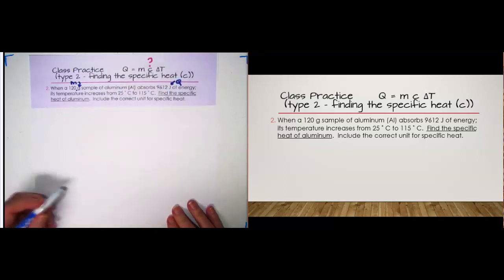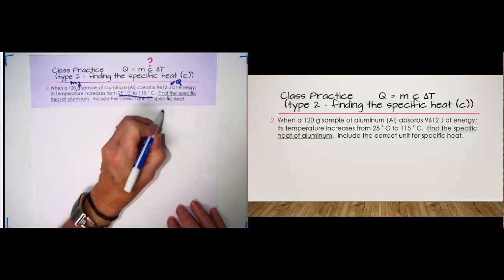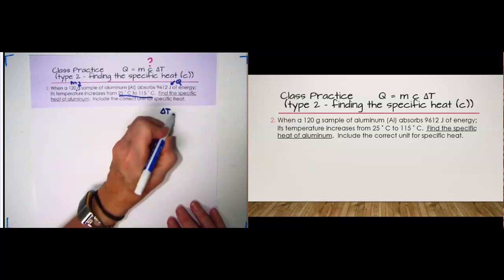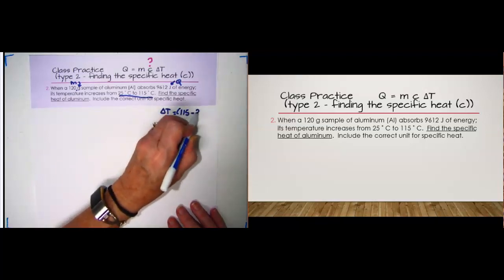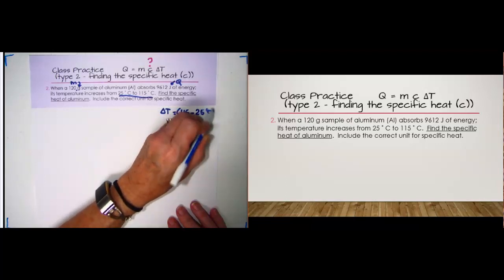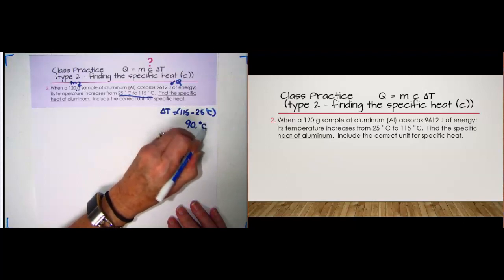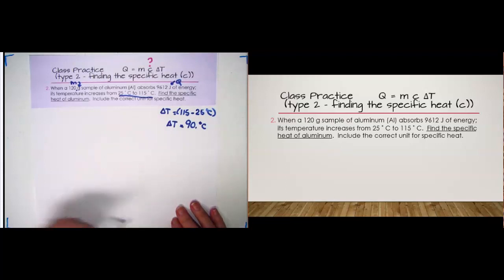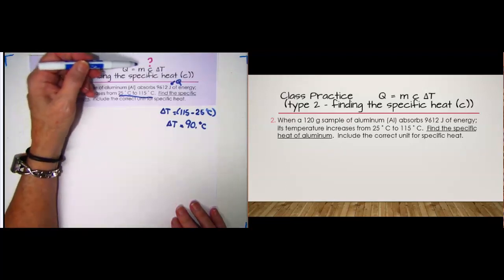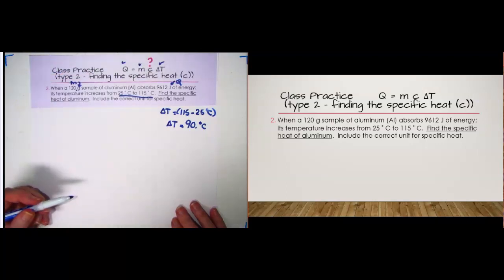There is Q. The temperature increases from 25 to 115 degrees C, so that means our delta T is equal to 115 minus 25 degrees C, which means delta T equals 90 degrees C. So we've identified our Q, our M, and our delta T. All we have to do is solve for C.